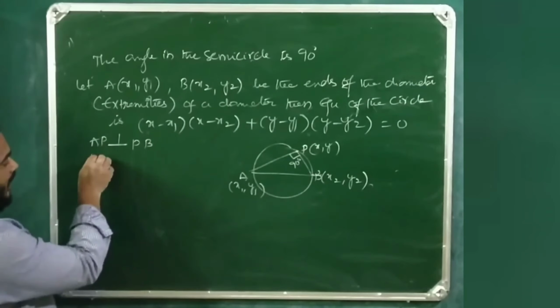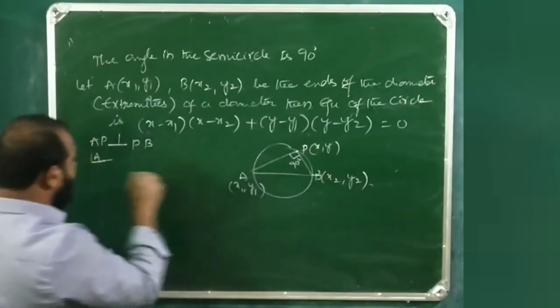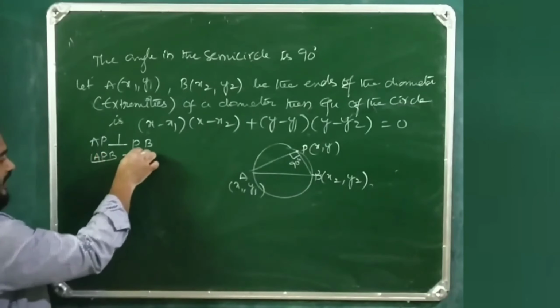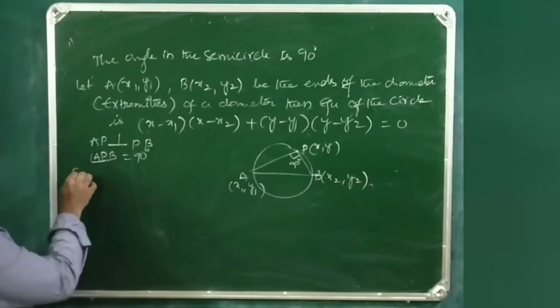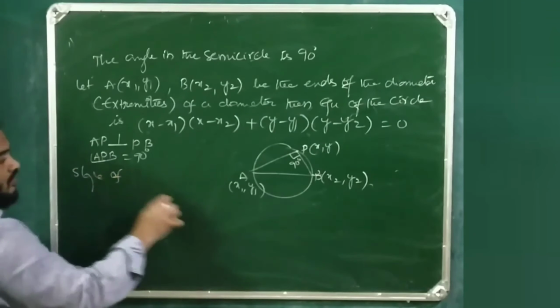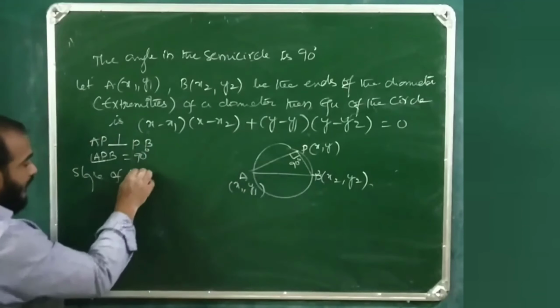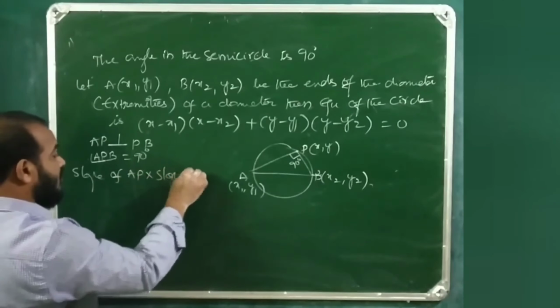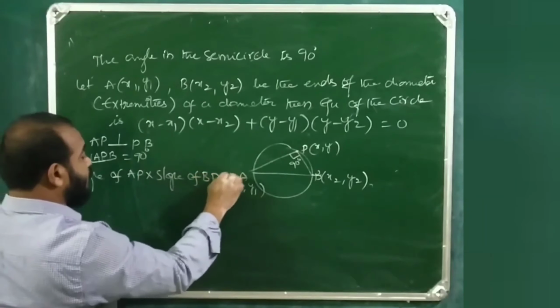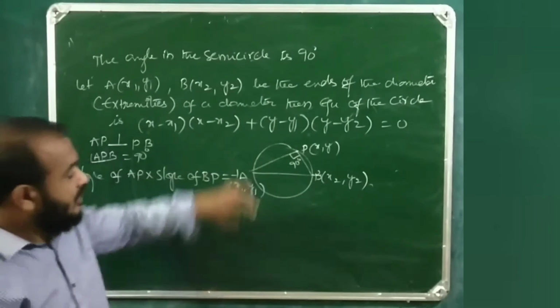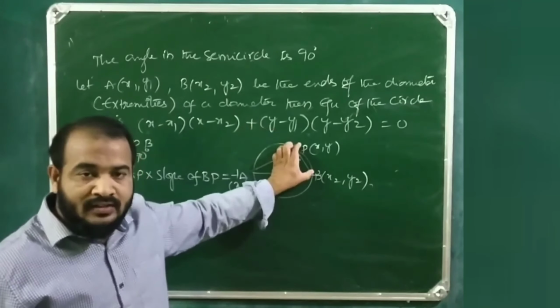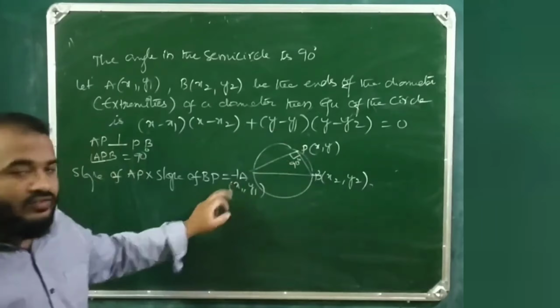That means angle APB is equal to 90 degrees. That means slope of AP into slope of BP is equal to -1, because whenever two lines are perpendicular, the product of the slopes is equal to -1.